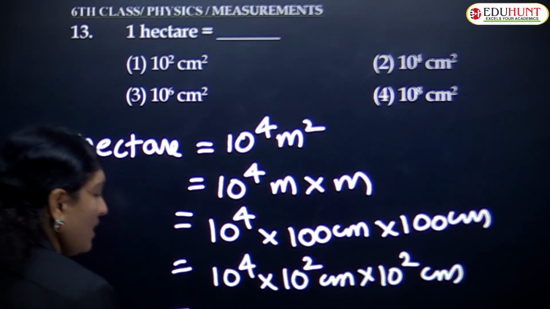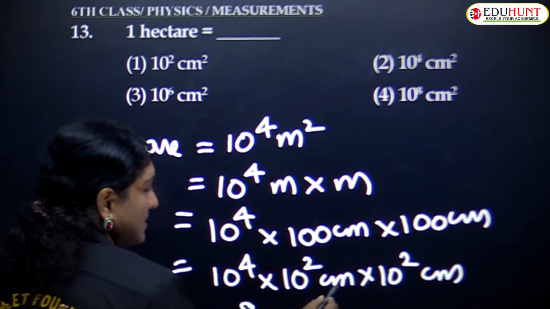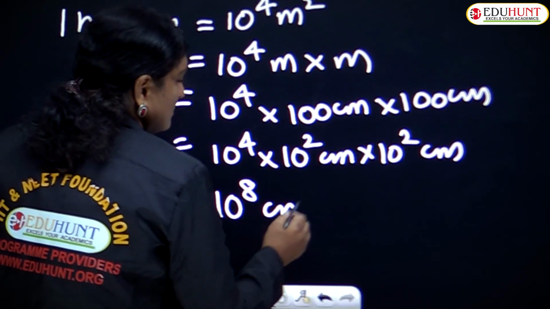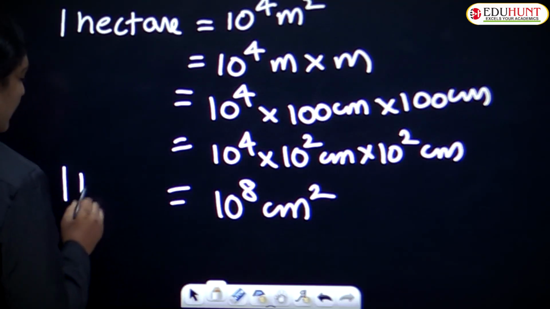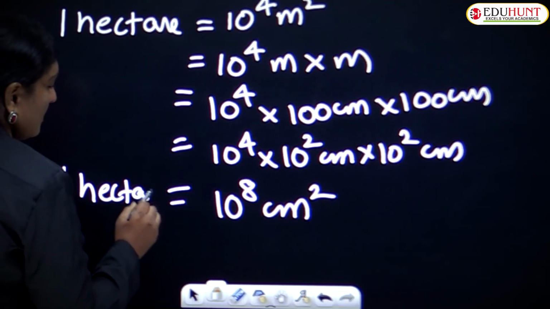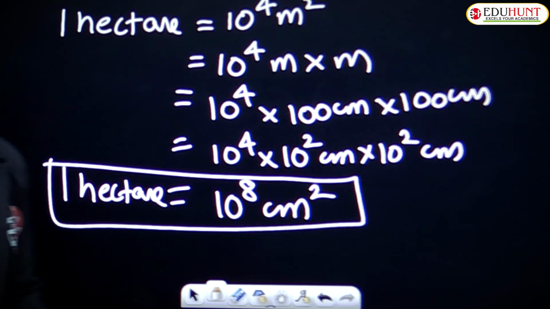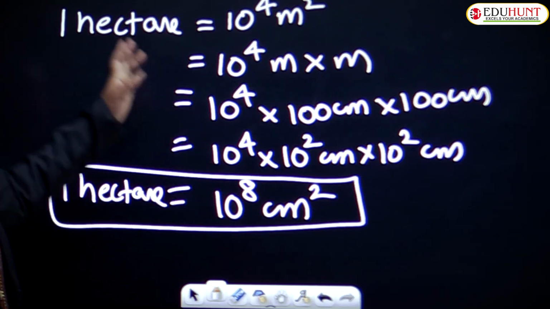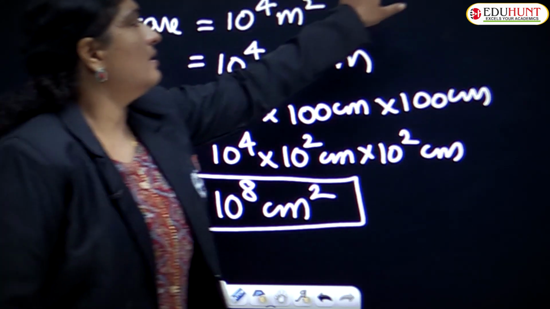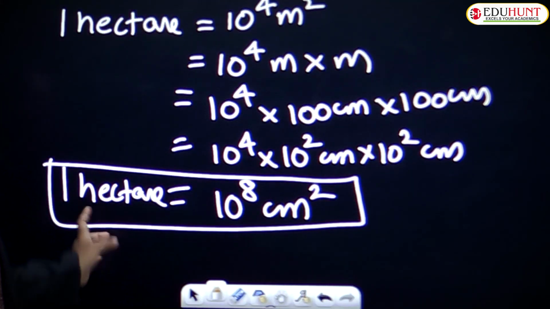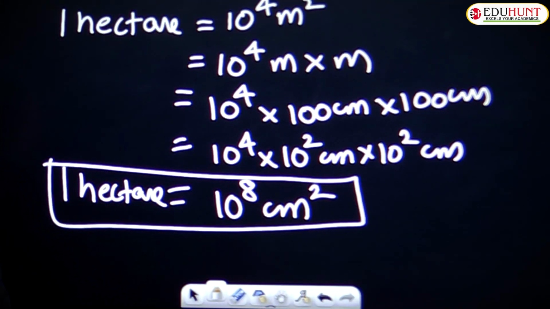Centimeter into centimeter is centimeter square. Hence clearly 1 hectare is equal to 10 power 8 centimeter square. So let us check where the answer is. Here goes your answer. So 1 hectare is 10 power 8 centimeter square.